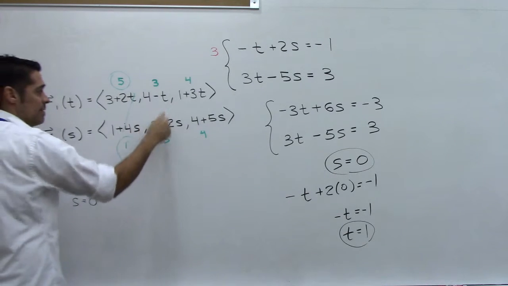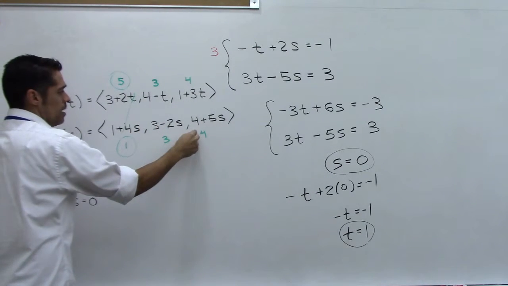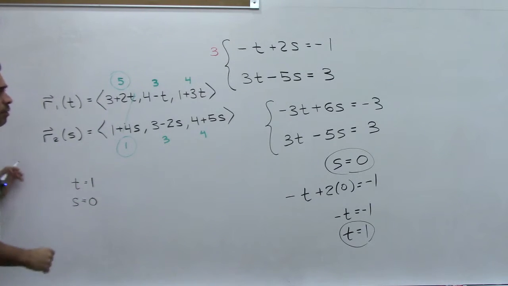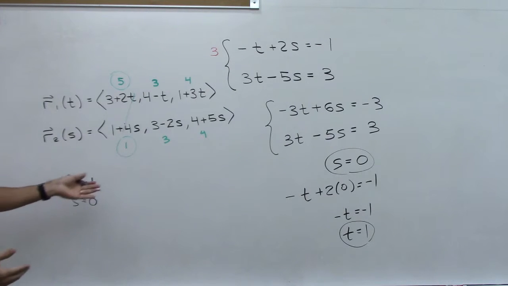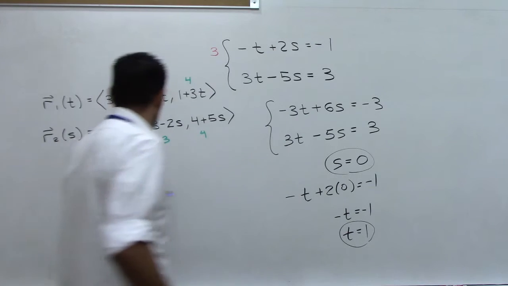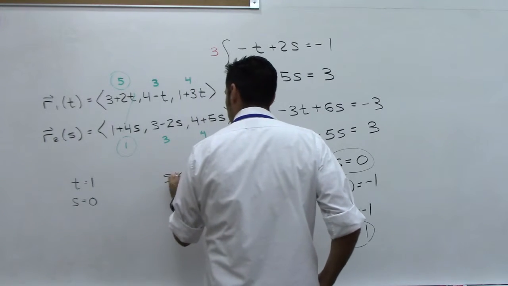But if that's what has to happen to make these two match, then this also needs to work for this, but it doesn't. Therefore, these two lines cannot possibly intersect. I can't find a t and an s that works for all of these. So they don't intersect, and if they don't intersect, then it's a skew line.